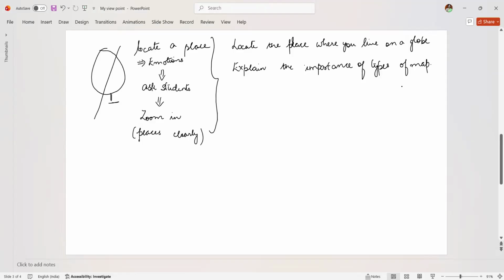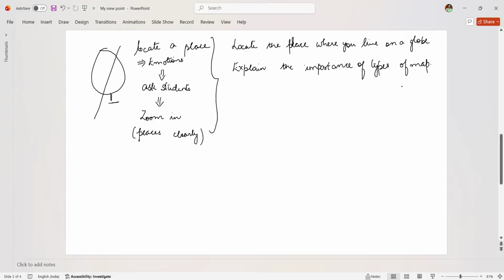So, in order to understand this location, I need a type of map. To understand the relief features, I need another type of map. Now, all this must be brainstormed in the class so that the students come out with the word types of maps. Same map can be used for different components.